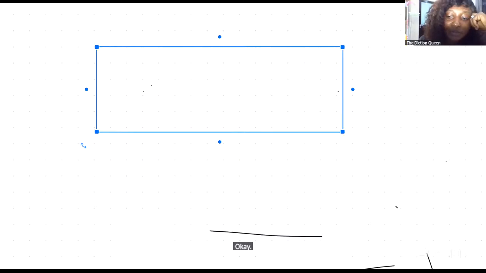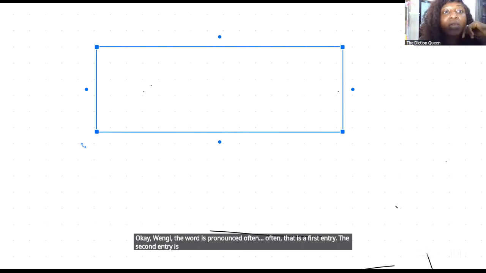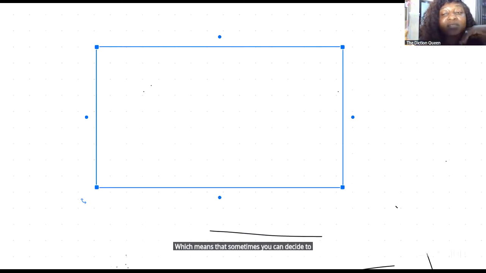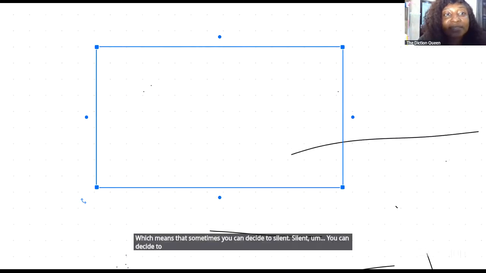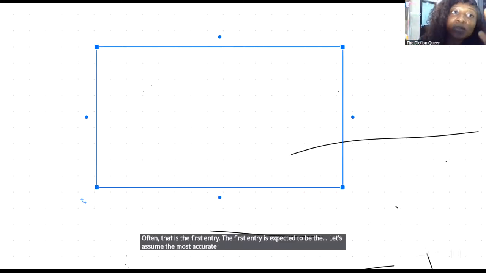Okay, Wendy, the word is pronounced often. That is the first entry. The second entry is often, which means that sometimes you can decide to acknowledge the silent T, and sometimes you can decide to articulate the T. The first entry is expected to be, let's assume, the most accurate or the most used pronunciation.